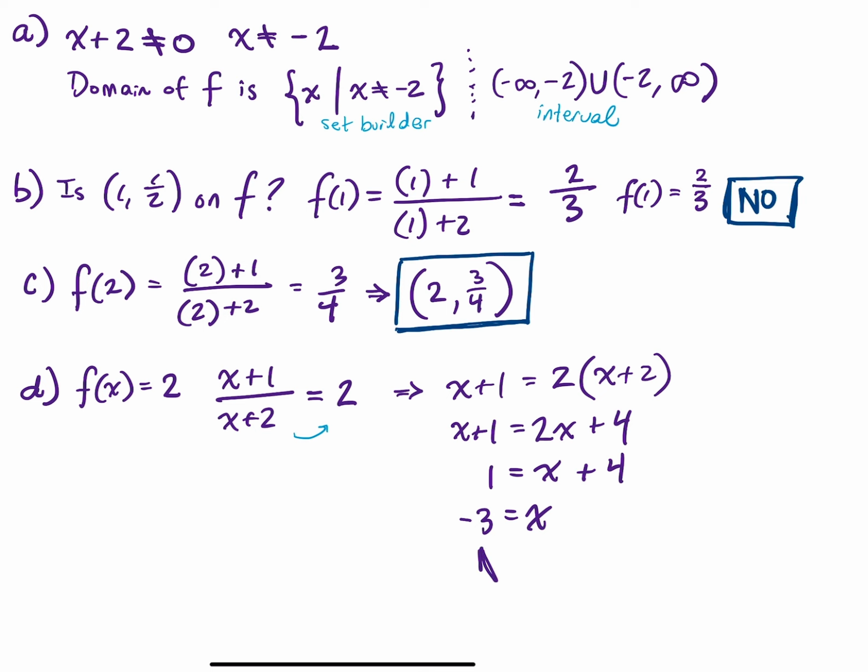So that means our input is negative 3, and then our output is 2. So we'll have the point negative 3 comma 2 is on our graph.